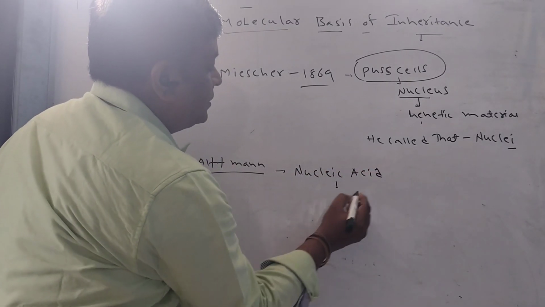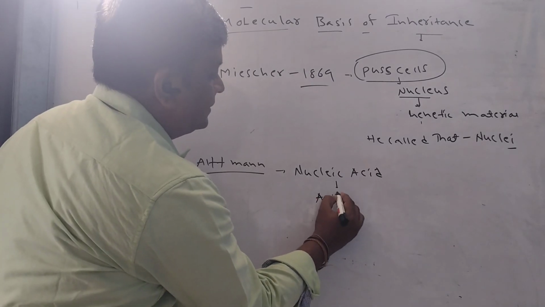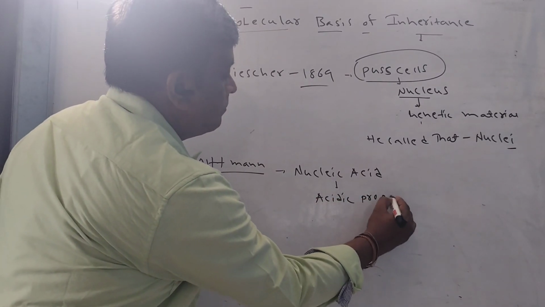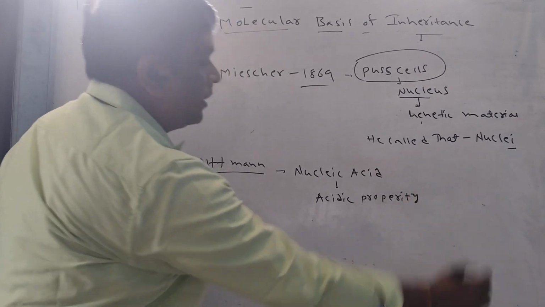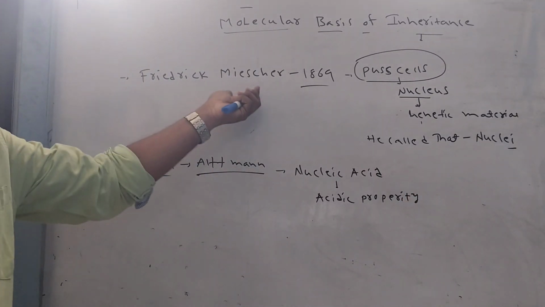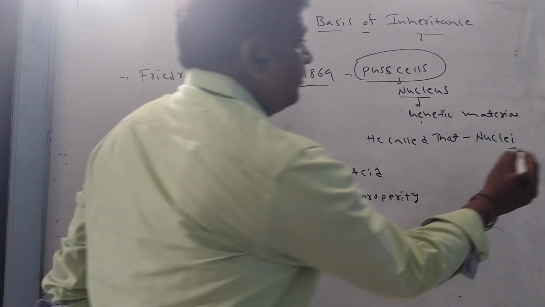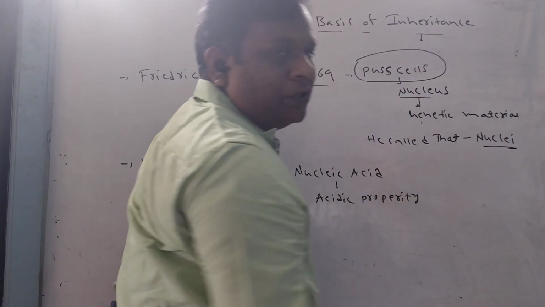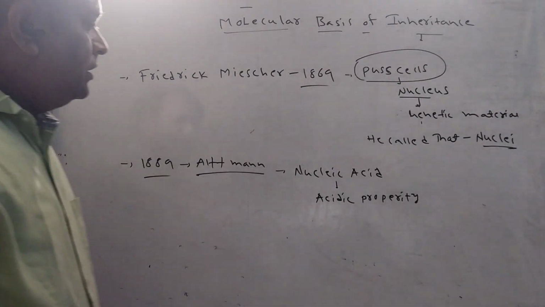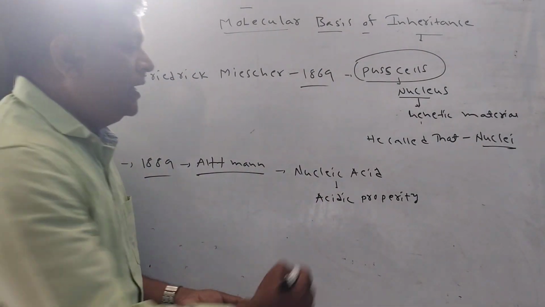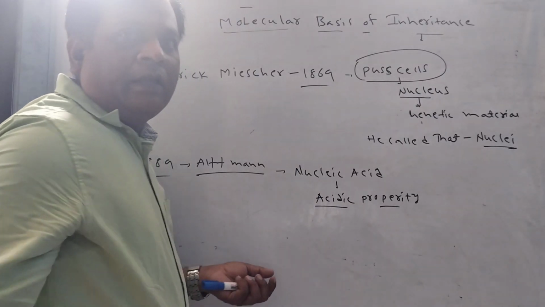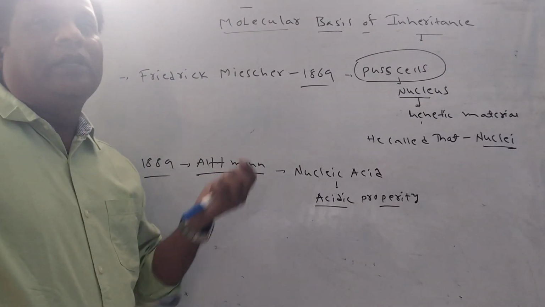Miescher identified it but did not know the name nucleic acid; he simply called it nuclein because it is present in the nucleus. After that, since the genetic material has acidic property, Altman gave the name nucleic acid.